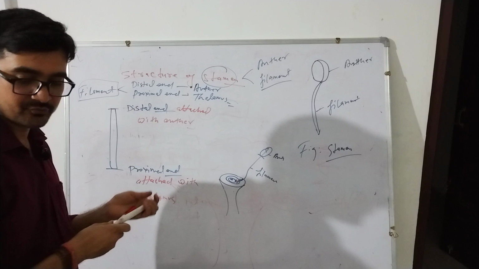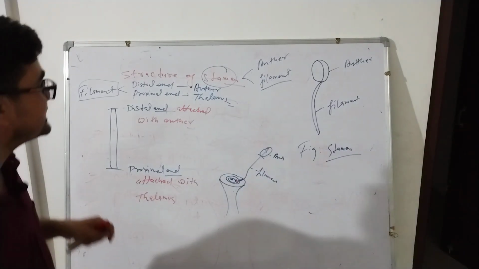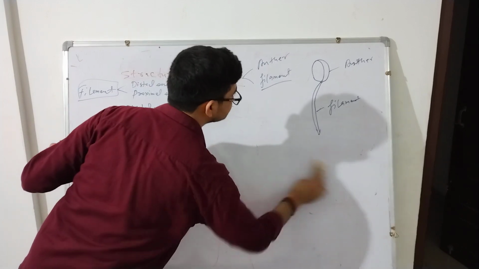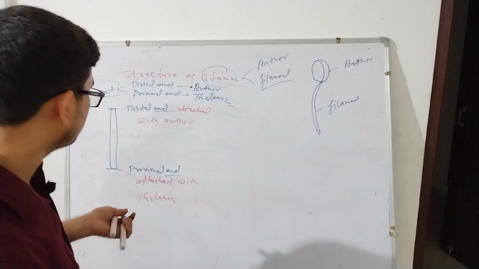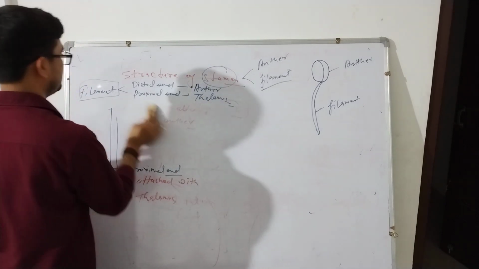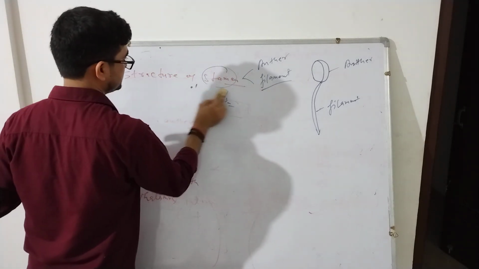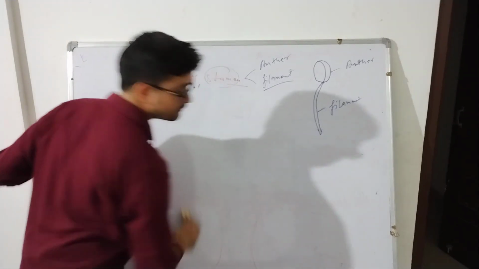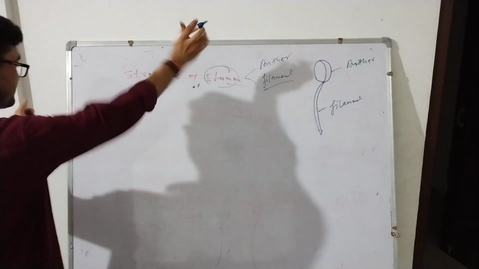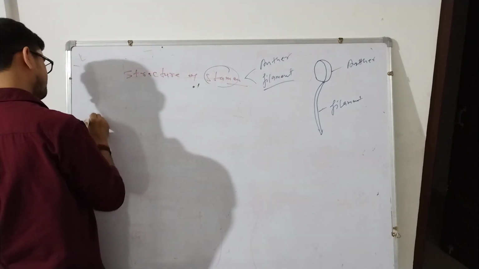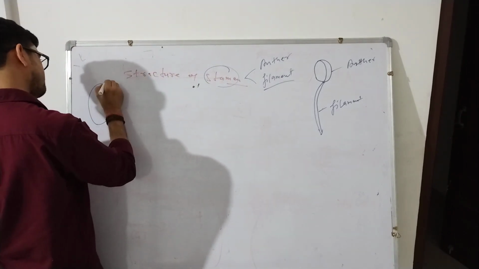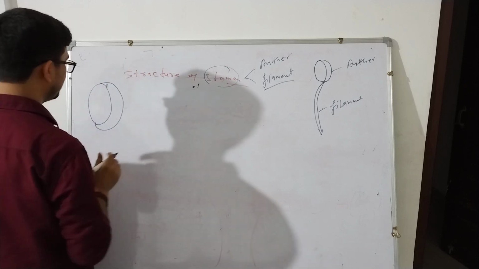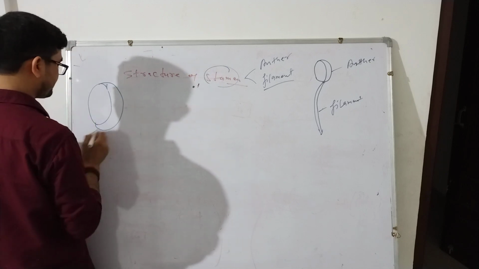Now the other component, that is the anther. So this part is the anther. Anther is bilobed. Why?